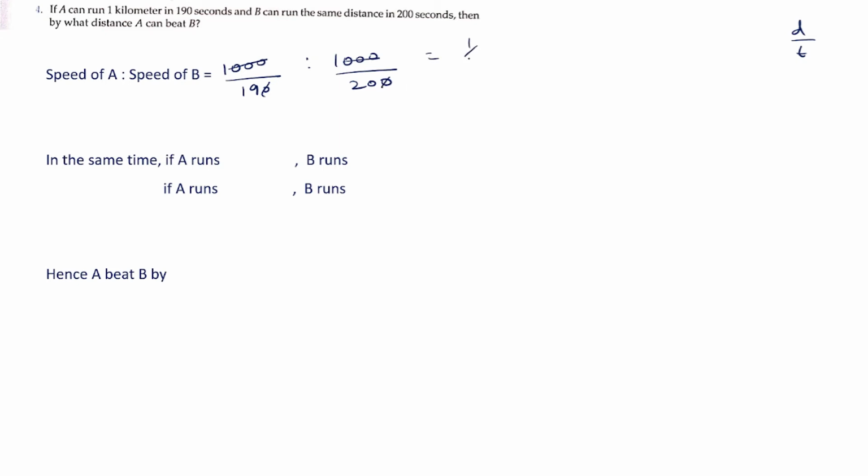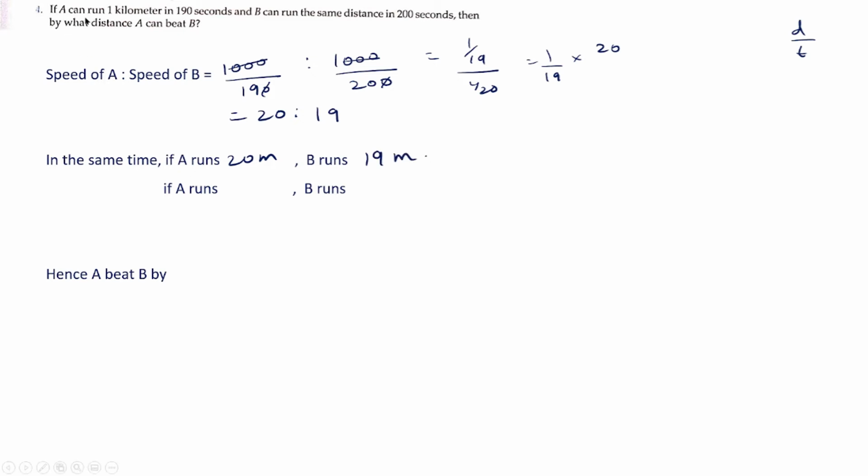So this is 1 by 19 upon 1 by 20, or it is 1 by 19 into 20. So speed of A is to speed of B is 20 is to 19. So in the same time, if A runs 20 meters, B runs 19 meters.